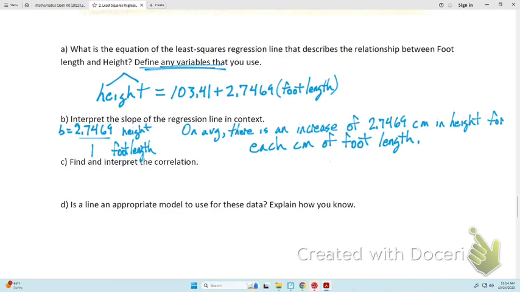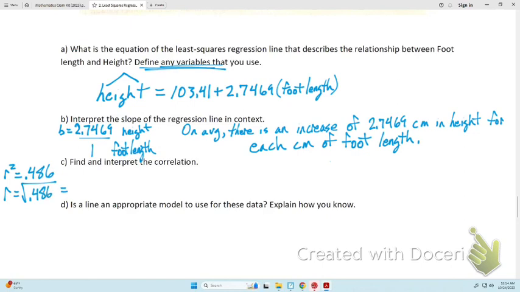All right. Correlation, in the table, it told us that r squared is 48.6. So let's convert it to a decimal. And then to get r, we can square root that.